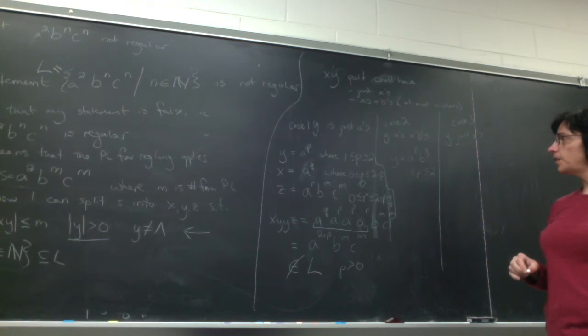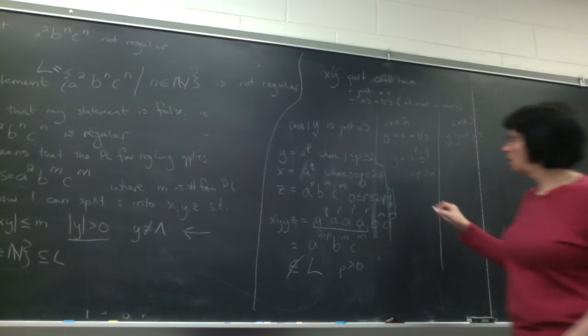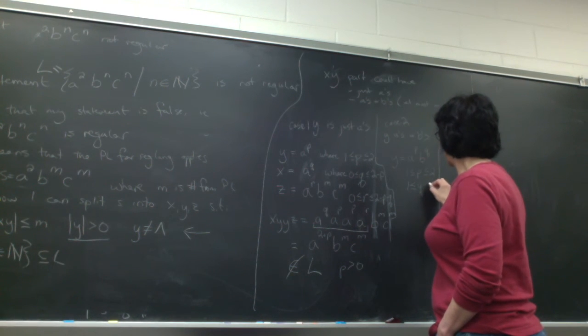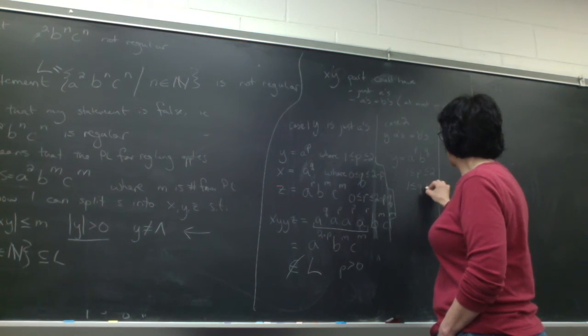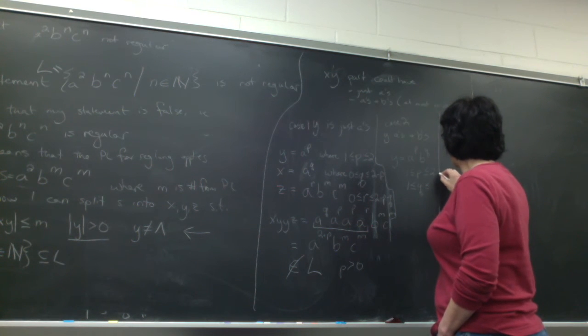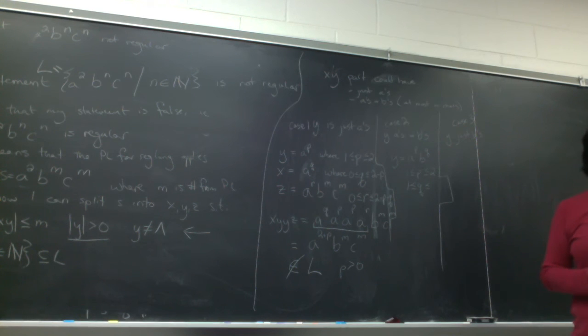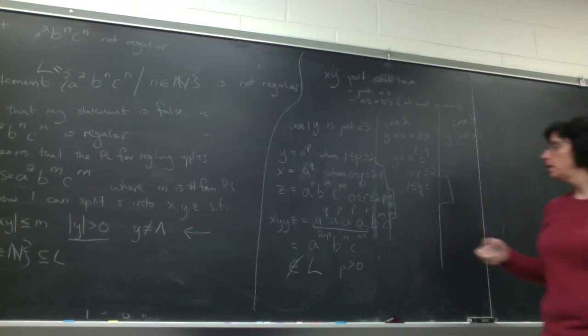And there has to be at least one q. And what's the most number of b's I could have? M minus p. Well, not even m minus p. I think it's m minus 2. Because I know I got those 2 a's at the front, and the y has to happen in the first m characters. Right?